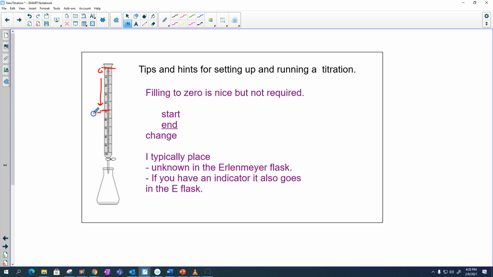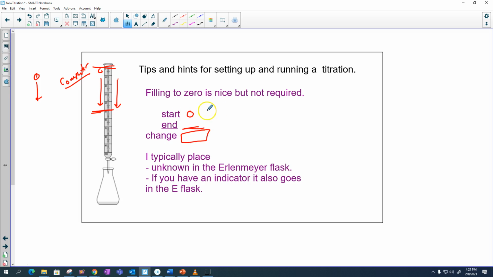I also would mark out that even though it doesn't matter, if you're using a computer, then our tracking software works nice that if you start with 0, then when you add in, it just works nice with the computer to be able to know exactly how much you've added. If you're not at 0, you could put 0 here, you would have a start, an end, and a change. So this is a manual way.